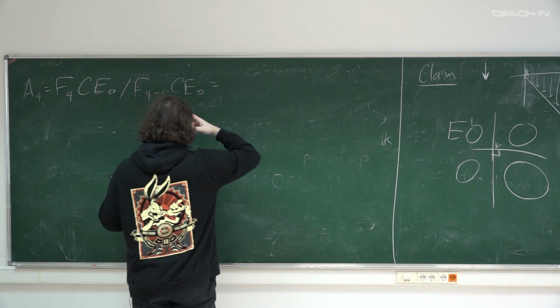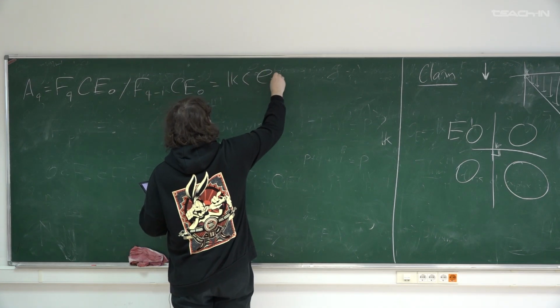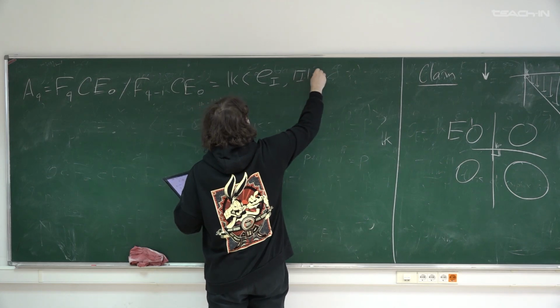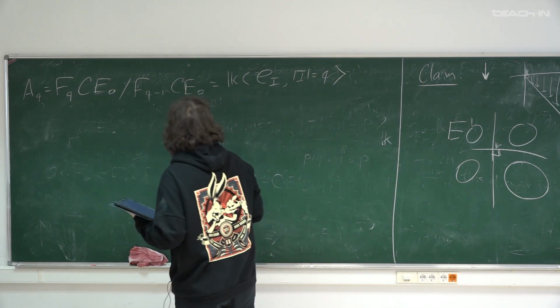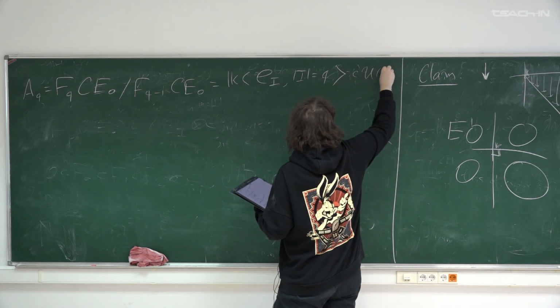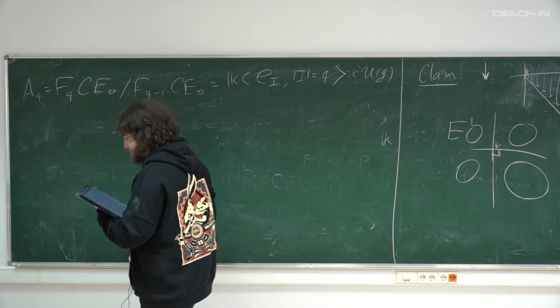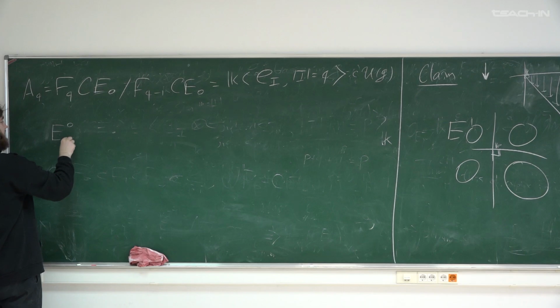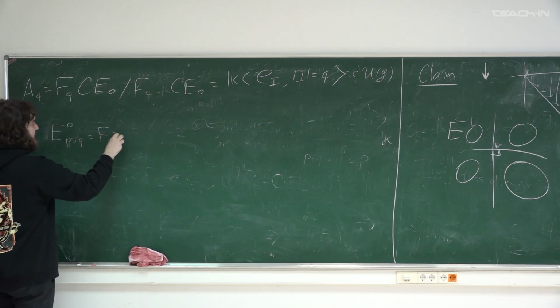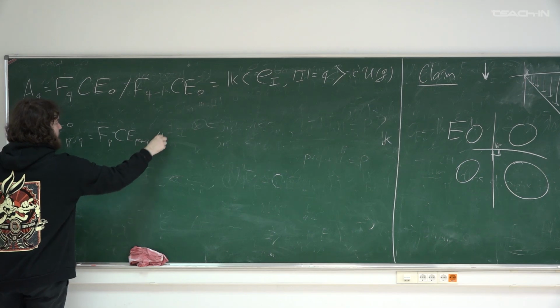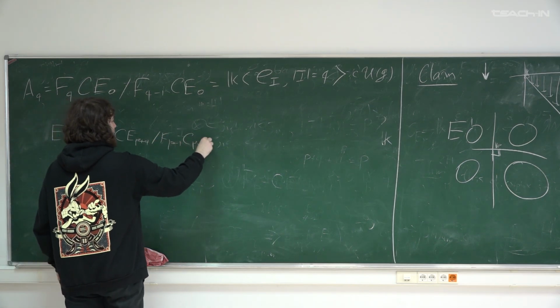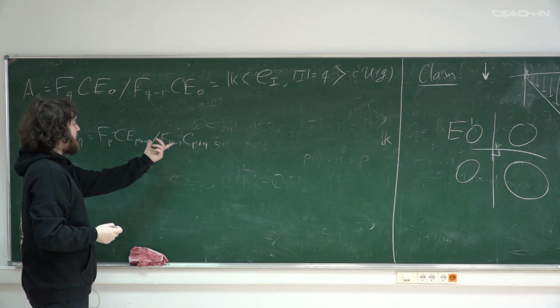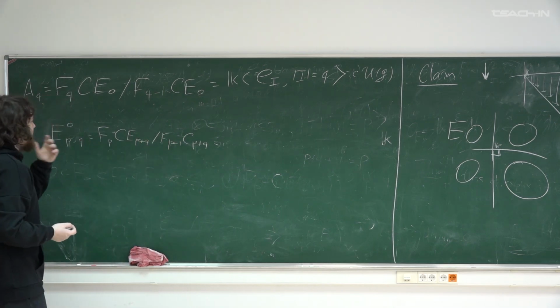It's just the k vector space generated by ordered monomials with I of cardinality q in G. And by definition, in general, E0_{p,q} is F_p CE_{p+q} modulo F_{p-1} CE_{p+q}. We have the p plus q exterior part, p plus q degree, and this quotient.